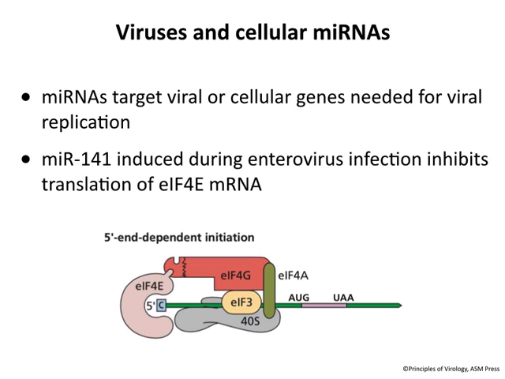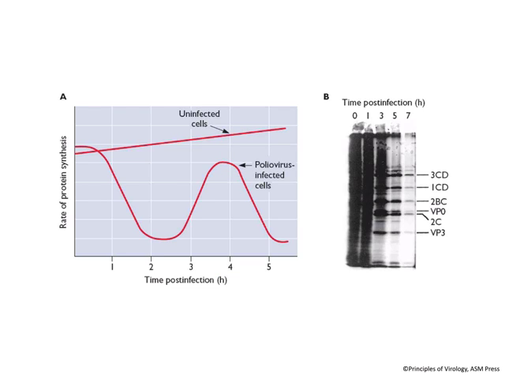virus from replicating. So the last topic has to do with something which I've already mentioned, and that is viruses shutting down host translation. I've already mentioned that an enterovirus upregulates MIR-141, which will shut down cap-dependent translation in the cell. That only works, of course, if a virus doesn't need a cap.